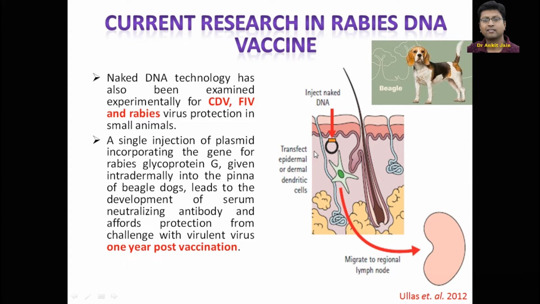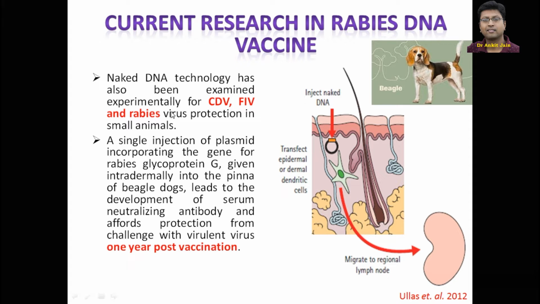Now the current research in the rabies DNA vaccine: not only in humans but also in animals, different research is going on. Currently for rabies we prefer conventional therapy, and nowadays the conventional therapy is not working, as we know that rabies is a very dangerous zoonotic disease, and the virus may again become activated and again produce rabies.